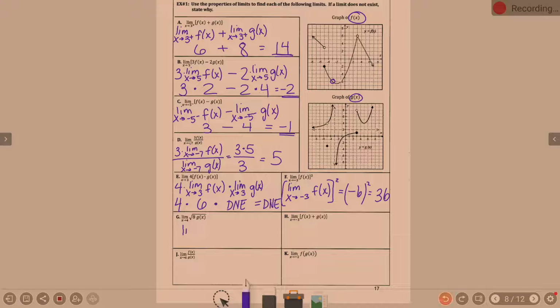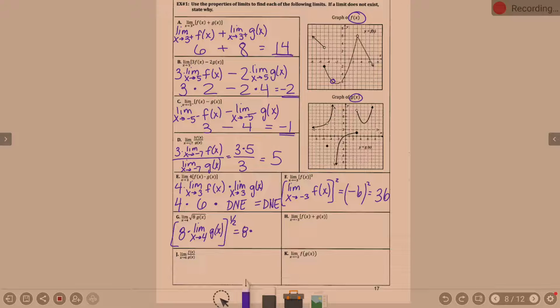So this is going to be 8 times the limit as x approaches 4 of g of x. And you can write a square root, but I'm also going to throw in there, it's raised to the power of 1/2, because that's a seamless transition we've got to know at this point. So we're going to do 8.